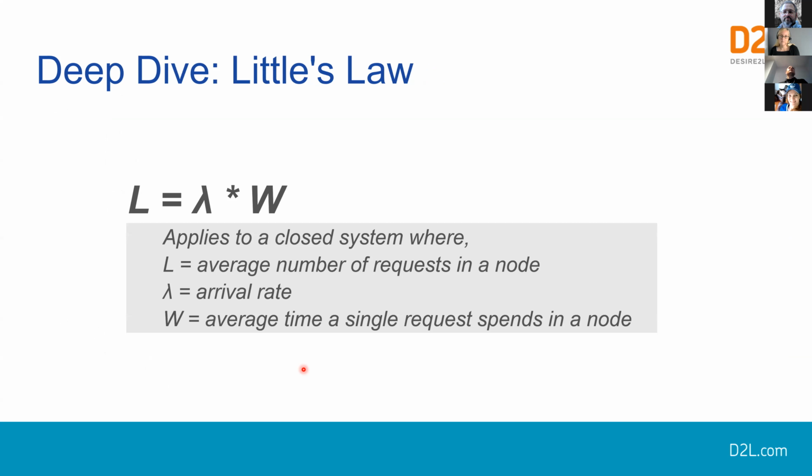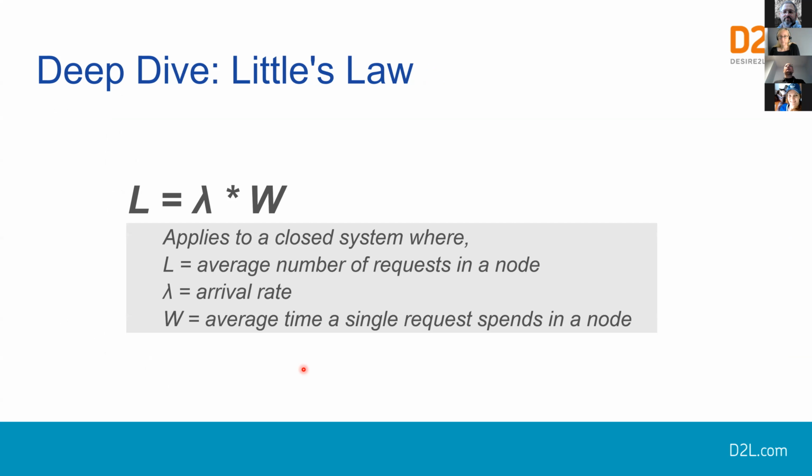But for now, let's detour a little bit to allow us to present Little's law. This is the fundamental law that we use for understanding how and why queuing happens.